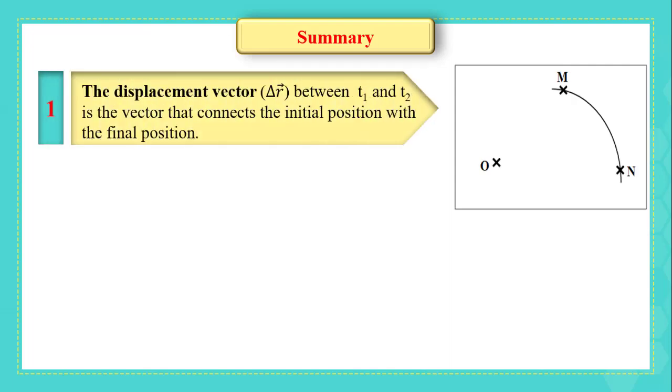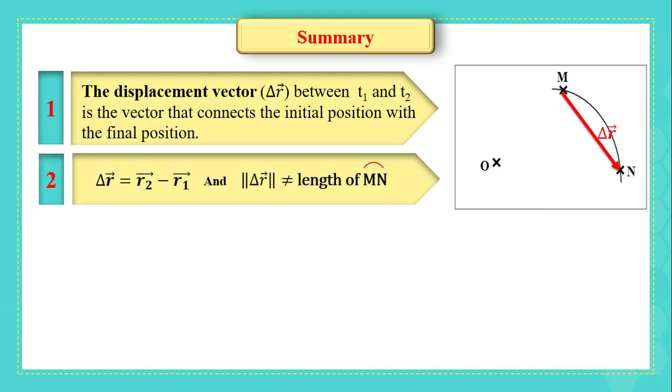The summary. 1. The displacement vector delta r between t1 and t2 is the vector that connects the initial position with the final position. Delta r is equal to r2 minus r1, and the magnitude of delta r is different from the length of the arc MN. 3.